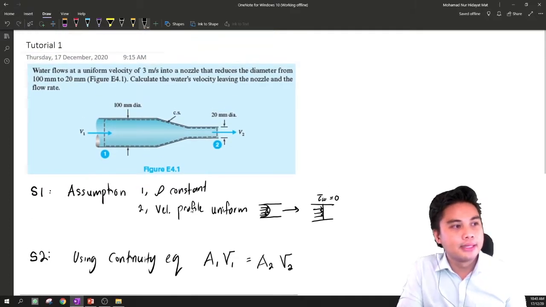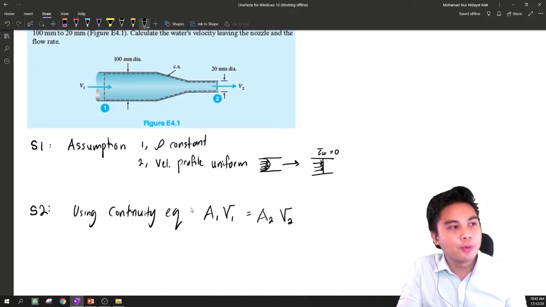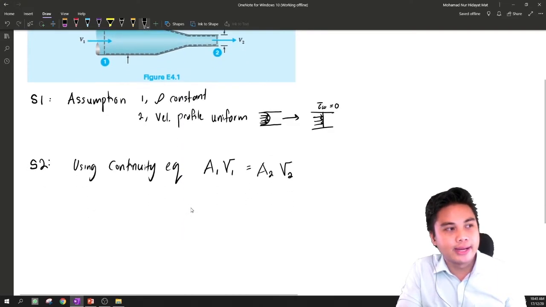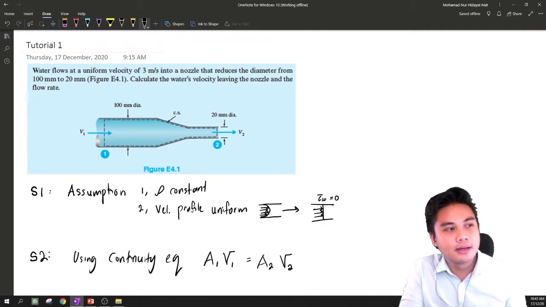And what is the area that we look at here? The area of the cross-sectional flow here.